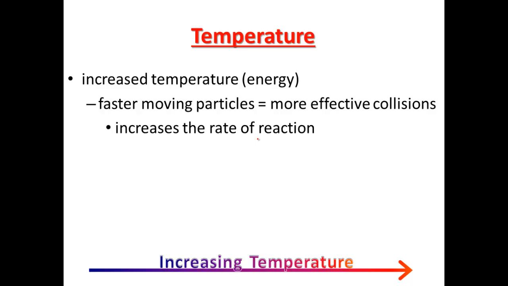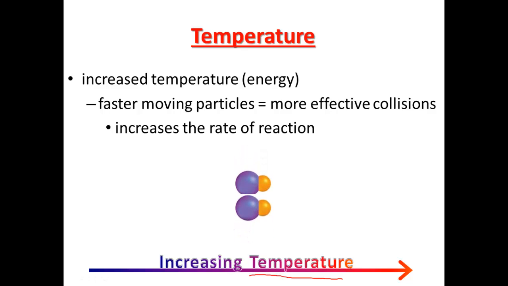Temperature, the more temperature, the faster the particles are moving. If we are too cold, slow going, that reaction's not going to occur. The overlapping of those electron orbitals doesn't happen. They repel each other, and the molecules just bounce off of each other. So if the temperature is too cold, not going to react.